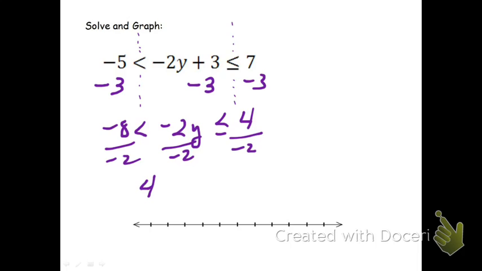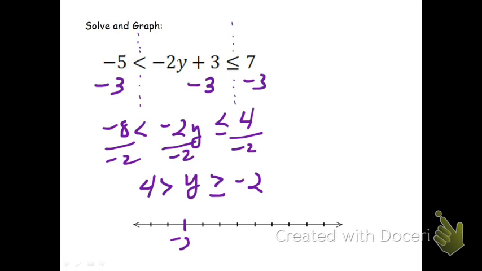Now, since I divided by a negative, I've got to flip that inequality, and this becomes y, flipping the inequality, which I didn't do here, so let's erase that. Greater than, the equal to stays with it, -2. So this is kind of written in reverse order, but what it's saying is we want all the values of y that are smaller than 4 and bigger than -2.